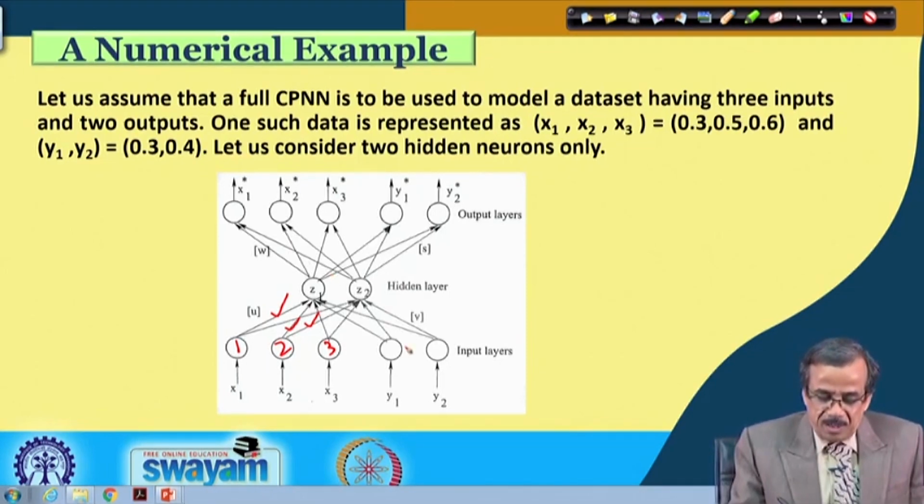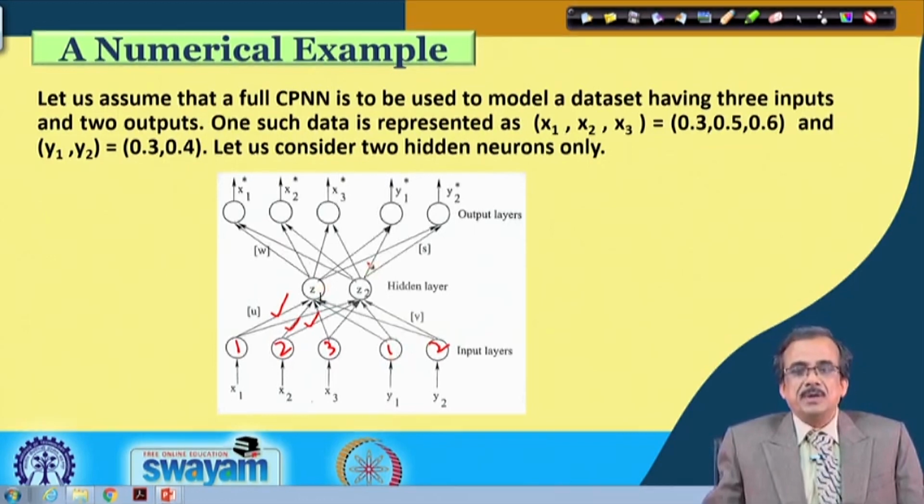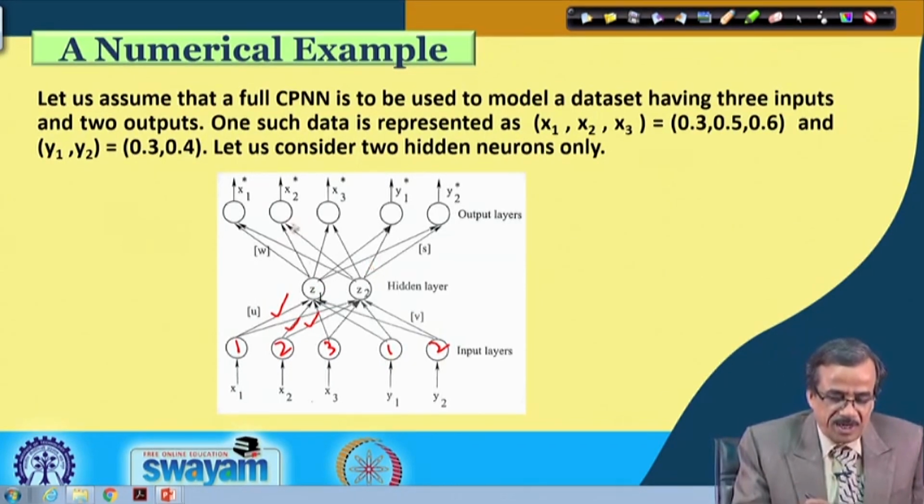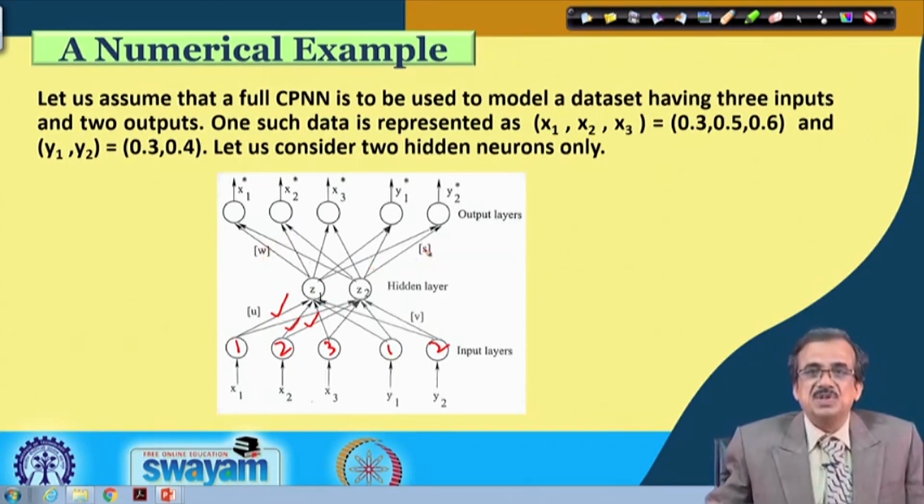Similarly, here if I put 1 and 2, the connecting weights between this and this is V11, then comes V12 and so on. Similarly, we have the connecting weights W and S here.